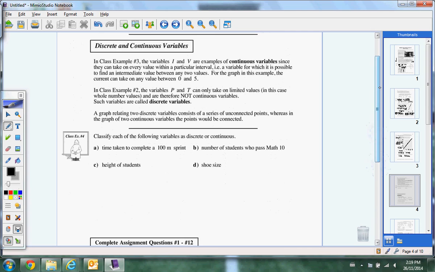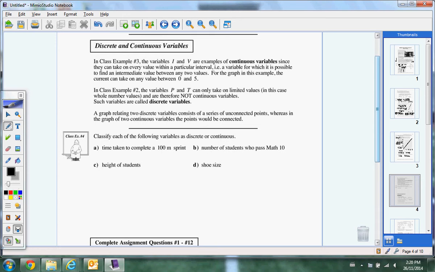All right, so discrete and continuous variables. In class example number 3, the variables I and V are examples of continuous variables since they can take on every value within a particular interval. In this graph example, it was between 0 and 5. In example 2, the variables P and T can only take on limited values.